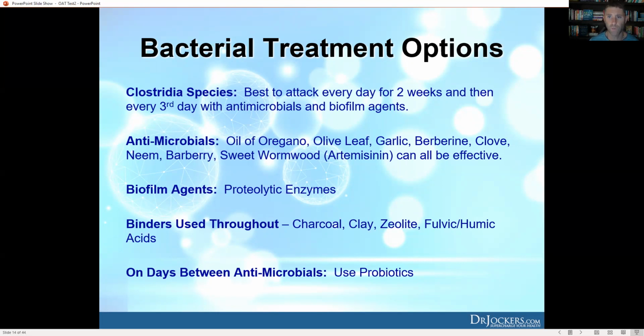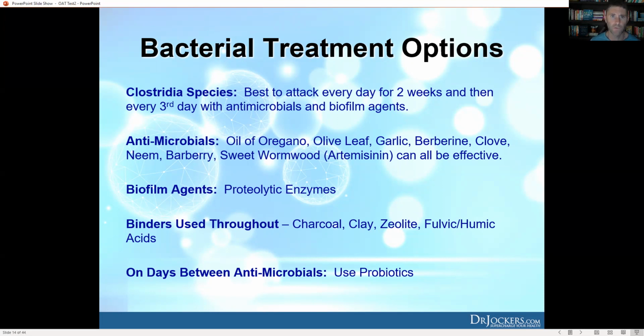Antimicrobials, very similar to yeast. Oil of oregano tends to be very, very good on this. Olive leaf, garlic, berberine, clove, neem, barberry, sweet wormwood, or artemisinin can all be effective. Again, biofilm agents like proteolytic enzymes could be helpful. And then binders, right?